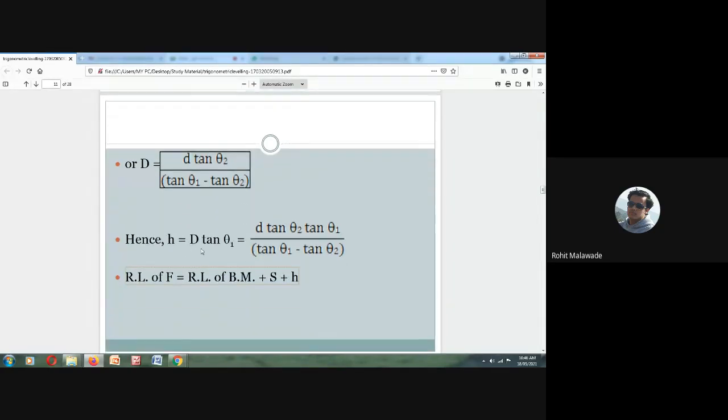This is how you can calculate the distance between O1 and the point F. Now the height H can be given by D tan θ1, that is, d tan θ2 into tan θ1 divided by tan θ1 minus tan θ2. So this is how you can calculate the distance.